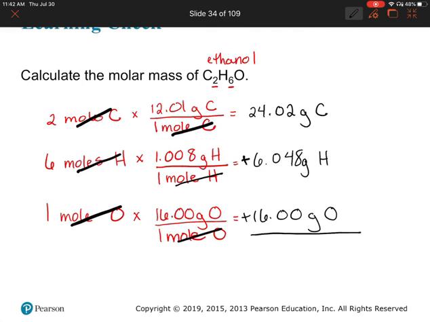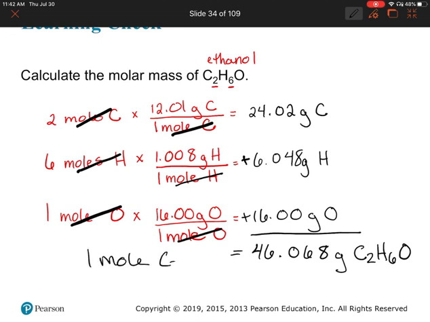Okay, so that gives us 46.068 grams of C2H6O, and that is equal to the mass of 1 mole of C2H6O.